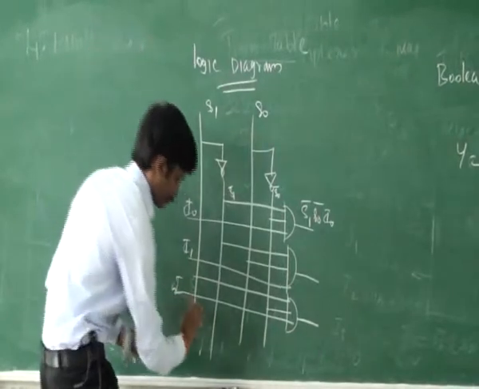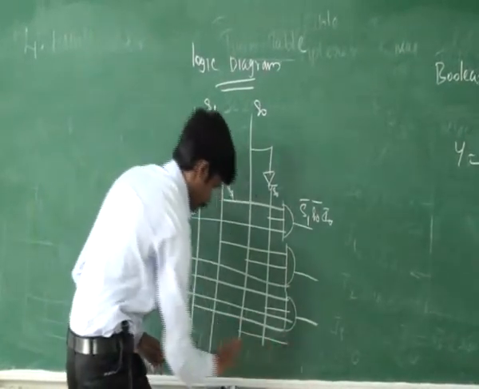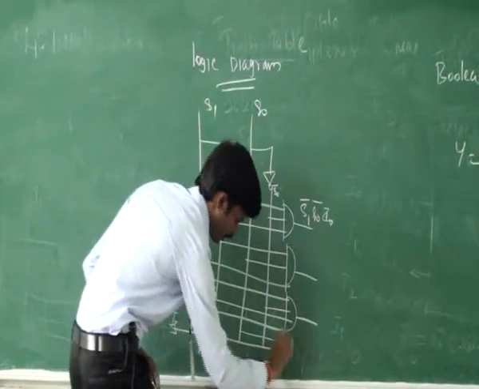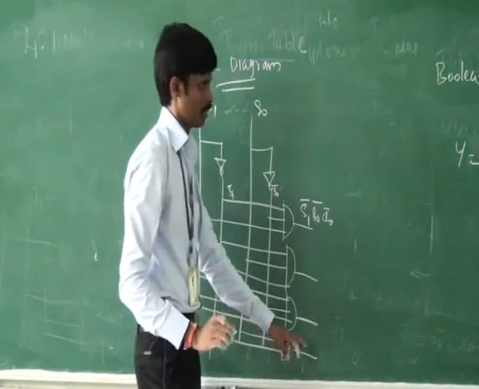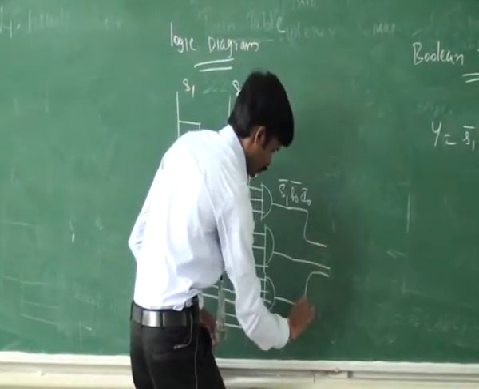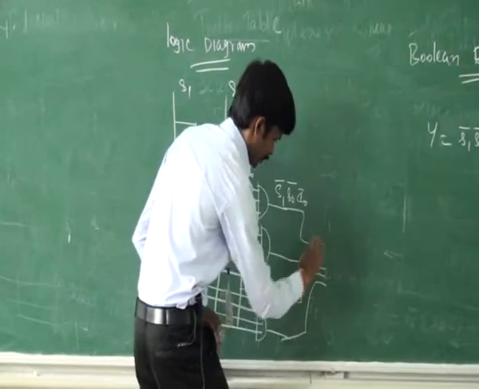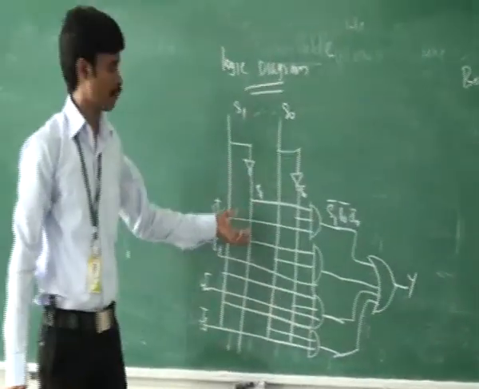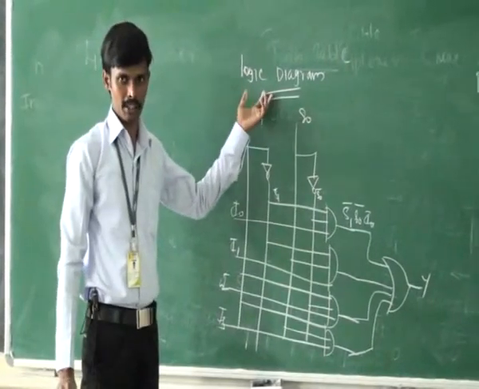Then S1, S0 and I3 are ANDed to get S1, S0, I3. Then these 4 are added together to get the final expression Y. This is the logic diagram for 4x1 multiplexer.